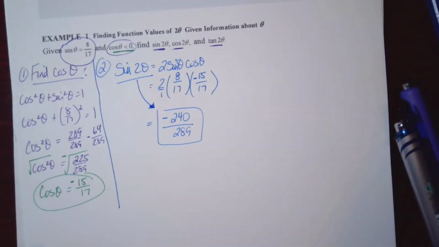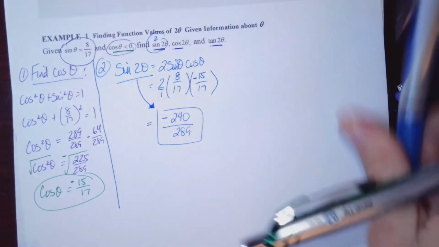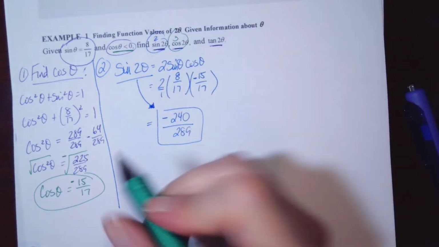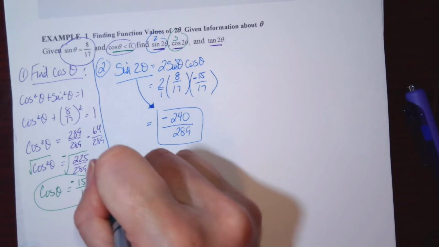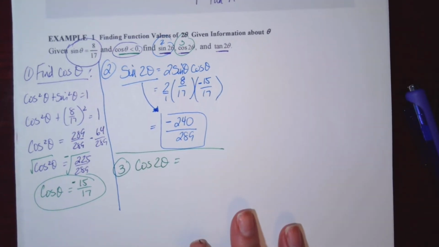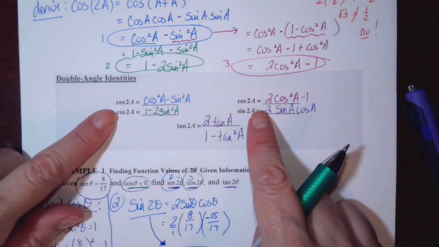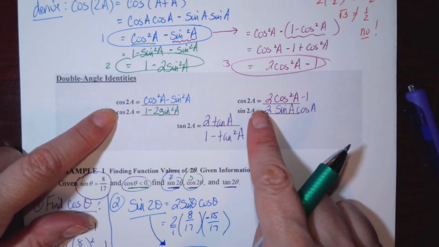The next problem I was asked to figure out, so this is sine of the double angle. Let's do cosine of the double angle. Now, when I go to my cosine, I've got choices. I have 3 choices to be exact for my double angle cosine identity.